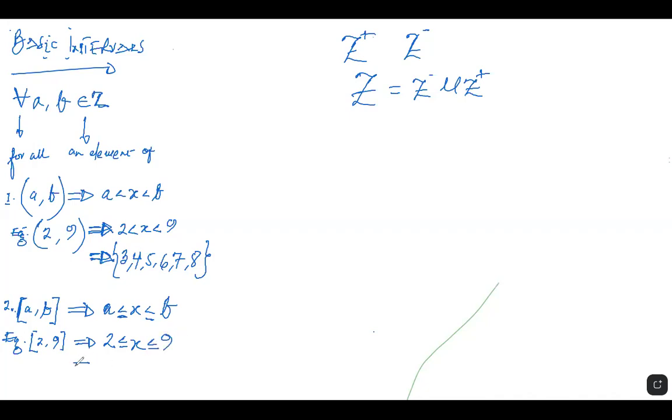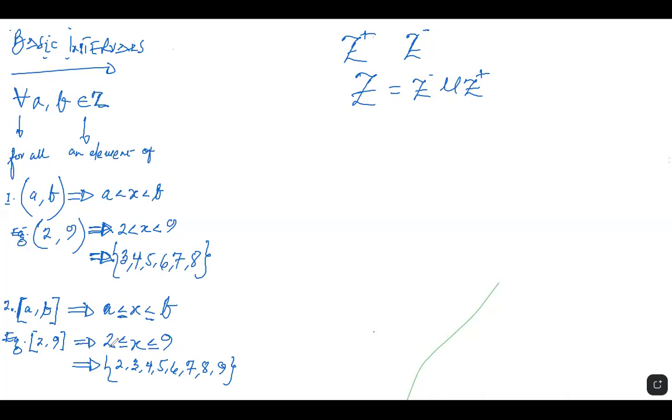This implies that we have what? It actually starts from 2 because 2 and 9 are included. We're talking about values from 2 to 9. Okay, so 2, 3, 4, 5, 6, 7, 8, 9.